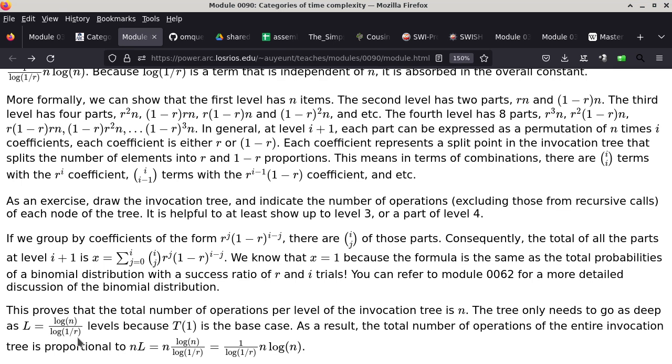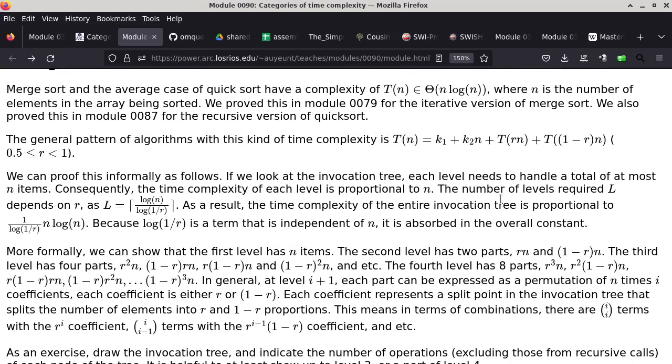So it shows this is a generalization of the original merge sort time complexity, because in the original merge sort time complexity, r is basically 0.5. The number of runs is guaranteed to be divided by 1/2.